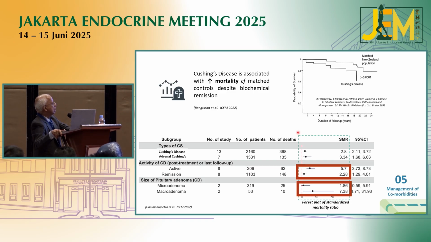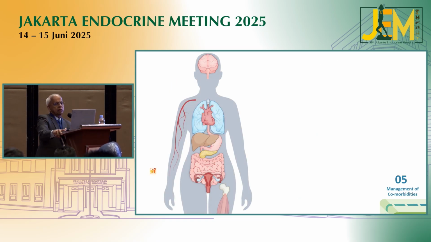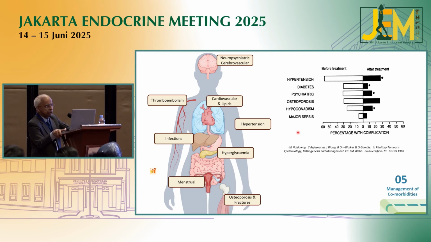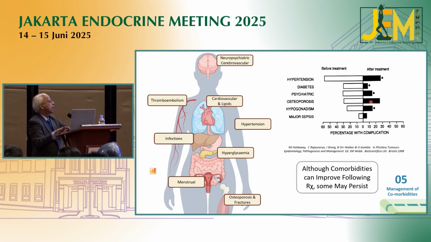Macroadenomas, more mortality compared with microadenomas. This talks about comorbidities. You see the whole list there. You have to manage them. And after treatment, not all improve, but they do improve. But we need to focus our attention.